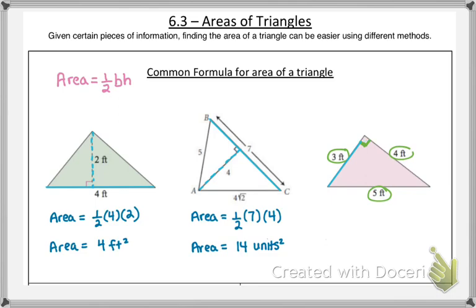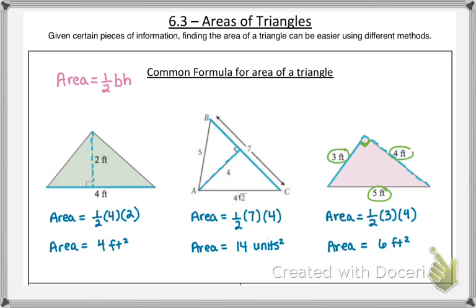And then the other side is going to be the height. Okay, so I'm going to turn it, and I'm going to let 3 be the base and 4 be the height, as long as the base and the height are perpendicular. In this case, it doesn't matter which one is which. So we've got the area as 1/2 the base times the height, and the area is going to give me 6 square feet.